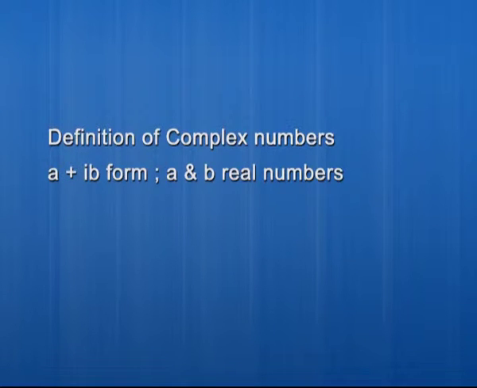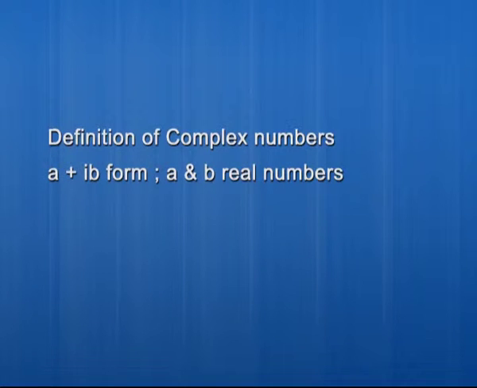Now let us come to the definition of complex numbers. Numbers of the form a plus ib are called complex numbers, where a and b are real numbers. Now you must be thinking, if we are taking the sum of two numbers, then why are we giving it a different name? Here just look, in a plus ib form I said that a and b are real numbers, but I did not say anything about i.